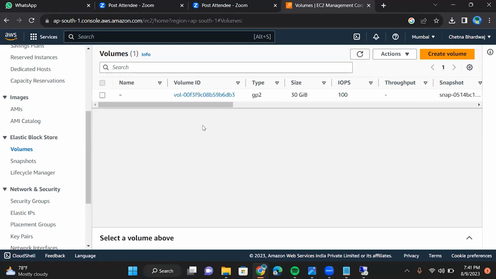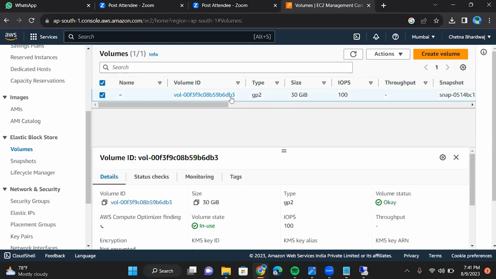We can connect this volume to our instance. You can see the one instance already has a default volume of 30 GB, which we have selected. If I want to add more volume to this particular volume block, what will I do?